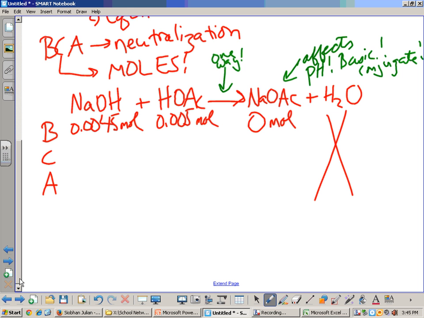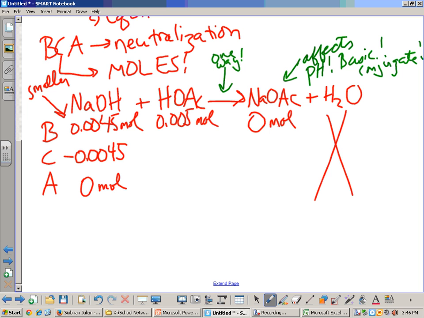So remember, with the BCA chart, the neutralization reaction proceeds until one of your reactants is gone. And because these are all 1-to-1, it's going to be the smaller one. So all right, this is smaller. You want to make it go to 0. The way that you make it go to 0 is by subtracting 0.0045.